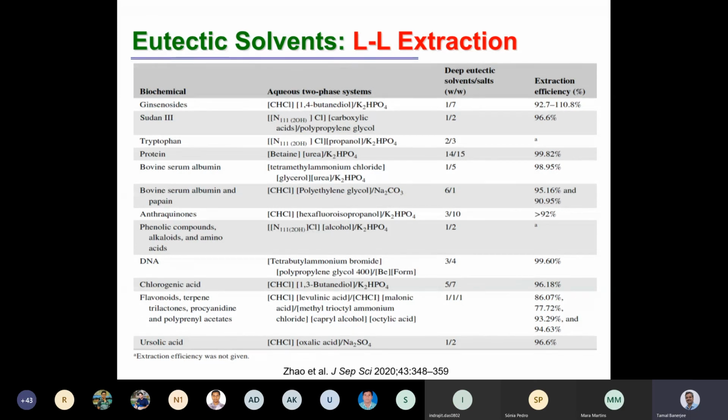There are many options here to extract metabolites using ATPs.